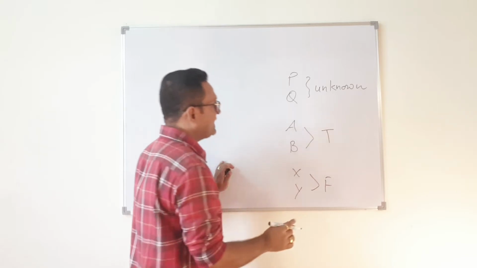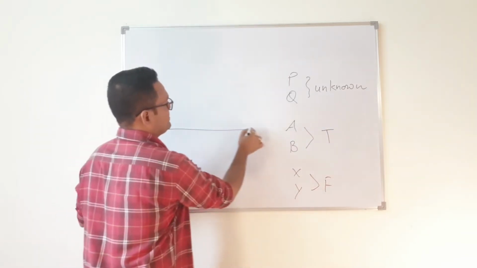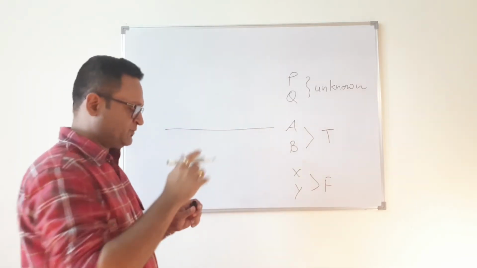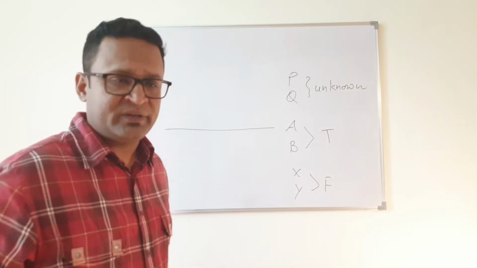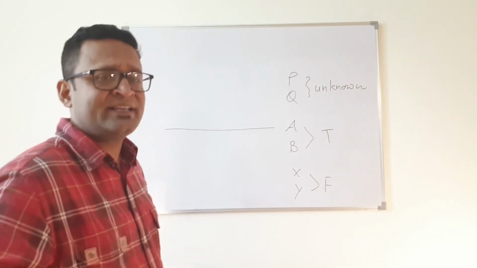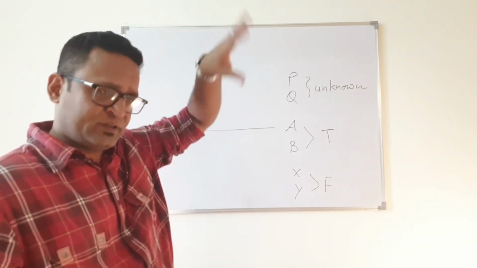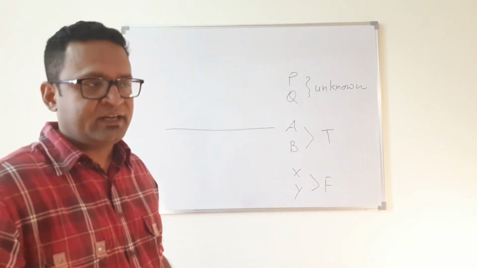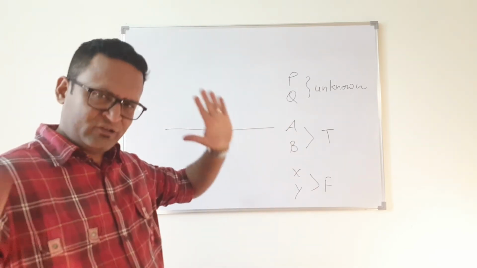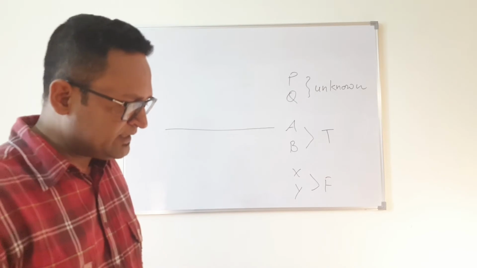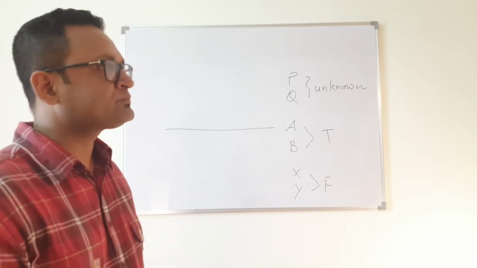And then they gave you a very big expression, like p dot q, a wedge b, x implies y, and then there is another material implication, or an equivalence, and you are calculating it.